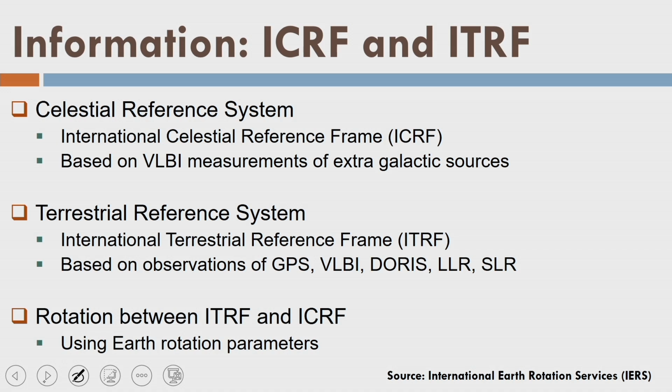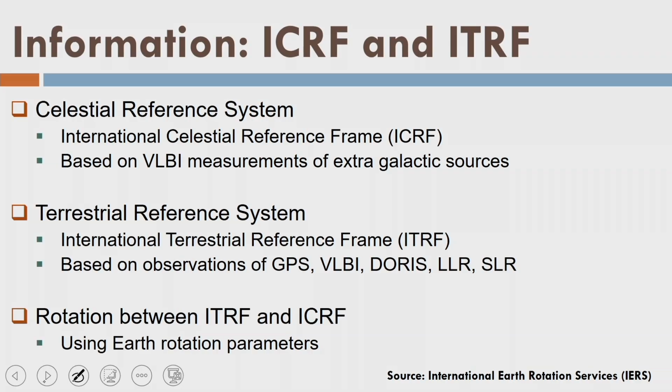Similarly, we are using the VLBI, very long baseline interferometry technique, in order to receive signals from extragalactic radio sources, which are the radio signals coming from the faraway stars. Secondly, we also have the terrestrial reference system that we discussed in module 2, and the realization of the TRS is the International Terrestrial Reference Frame, ITRF.